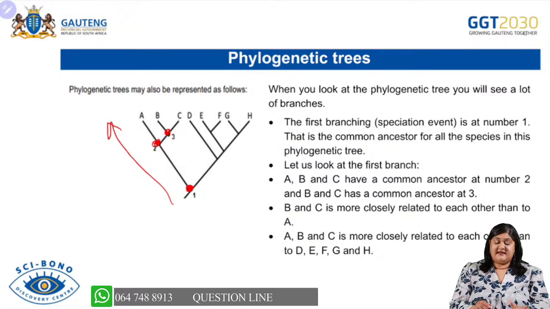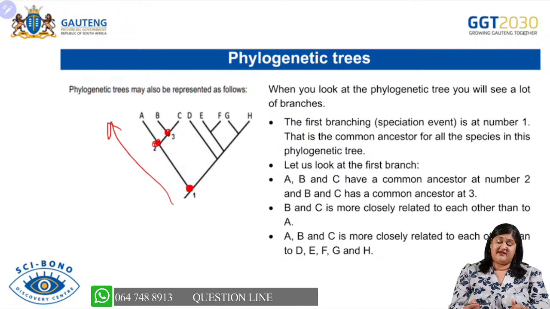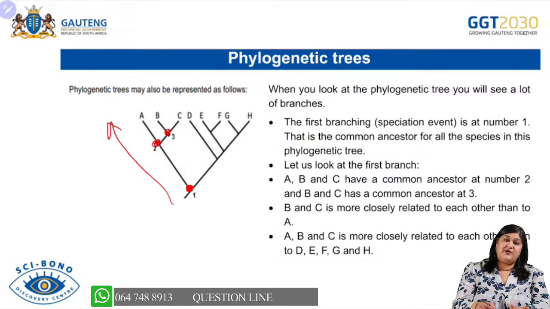And this also leads us to say that B and C are more closely related to each other compared to A, because they share the most recent common ancestor. A is sharing a common ancestor further down, and they didn't evolve again.